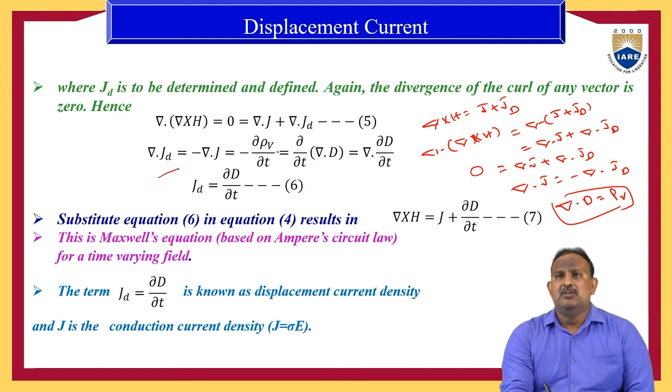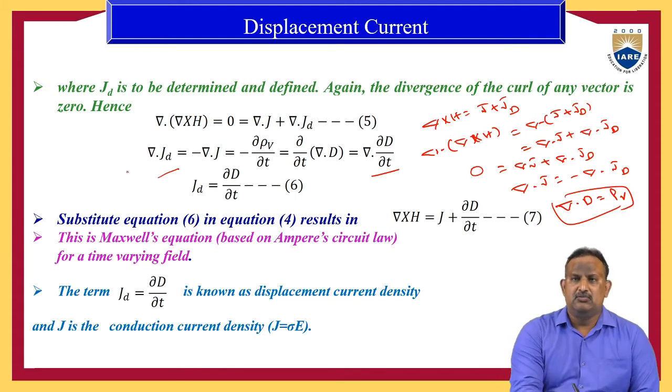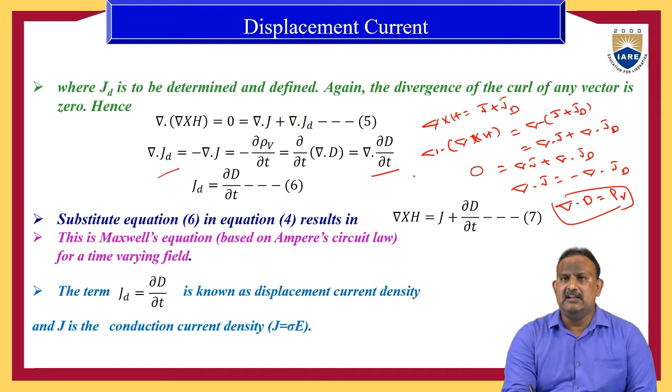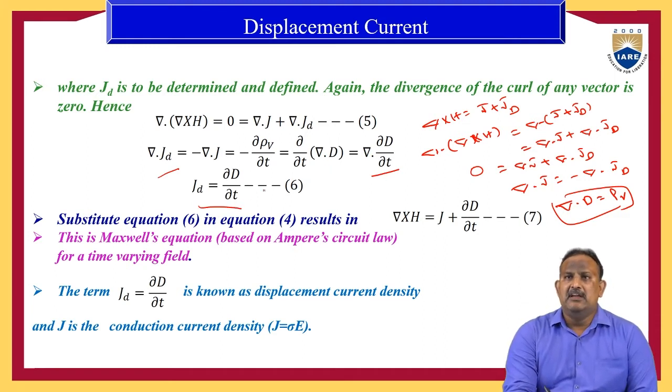So in place of rho v, we substitute del dot D. Therefore dou by dou t of del dot D equals del dot dou D by dou t. Comparing the left hand side and right hand side, we can write JD is equal to dou D by dou t.